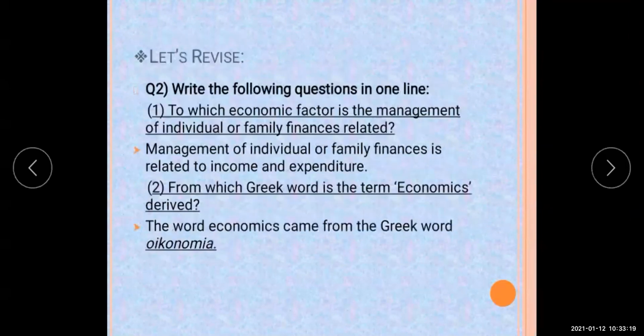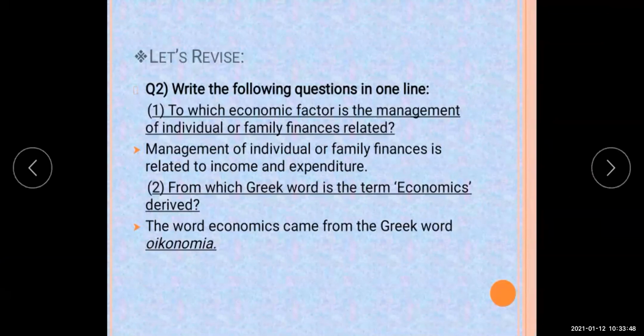Then the next questions are one-line answer questions, students. To which economic factor is the management of individual or family finances related? The answer is just two words: income and expenditure. From which Greek word is the term economics derived?